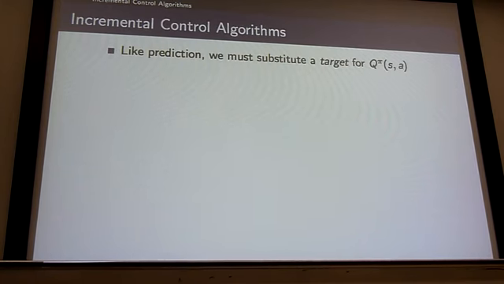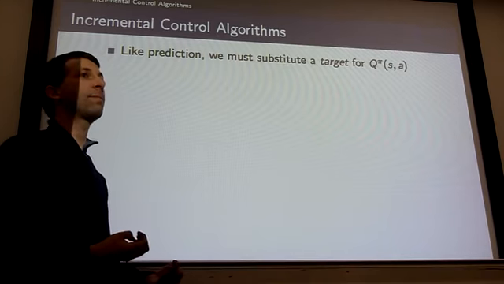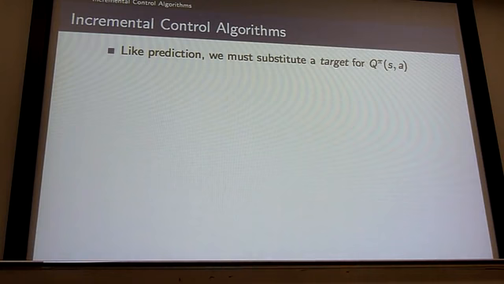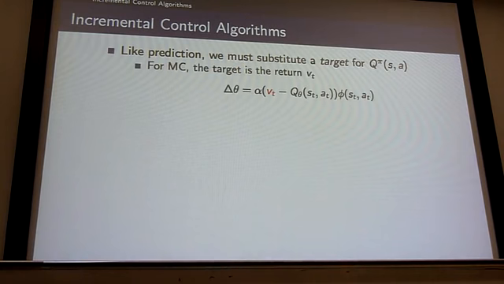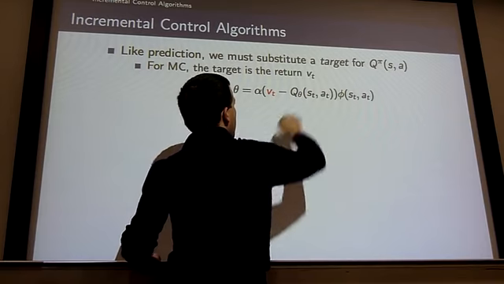But just like in the prediction case, we don't have Q_pi. We don't know the true Q_pi. It's not supervised learning, so we need to substitute in a target. Again, we have the analogous choices here. We could do Monte Carlo, where the target is just the return: we plug in the return v_t as the substitute for Q_pi.